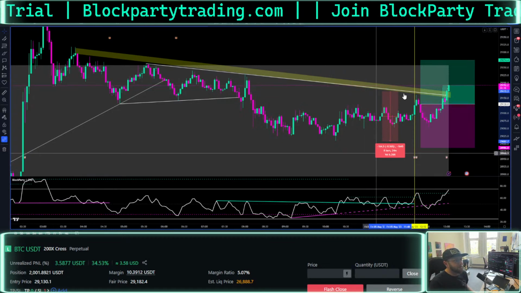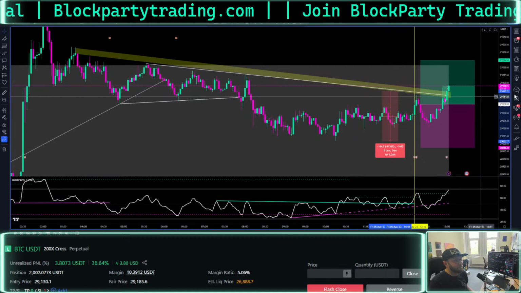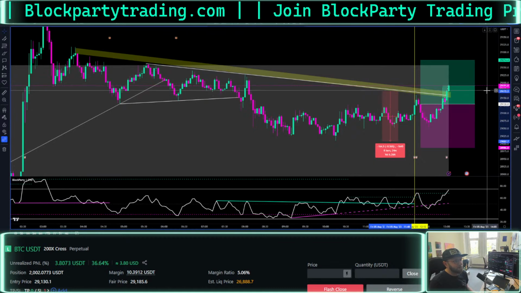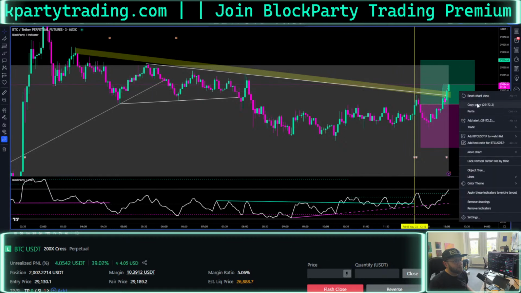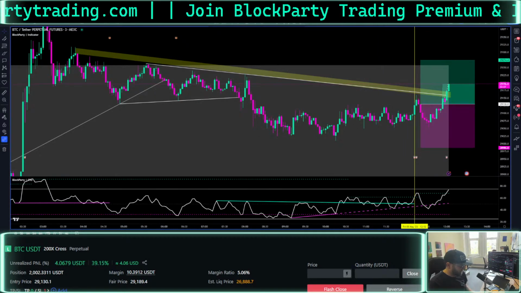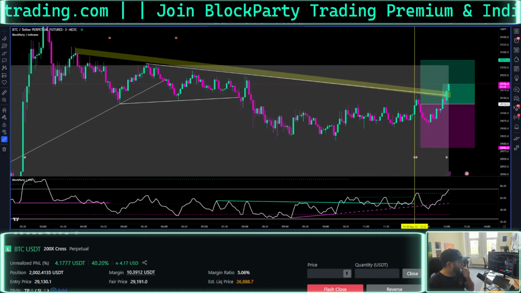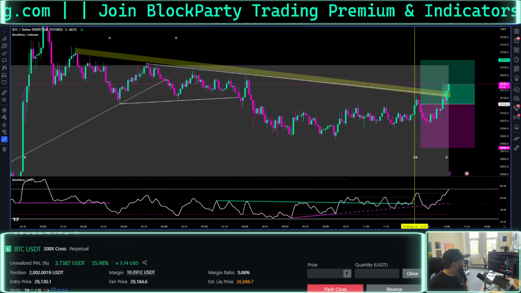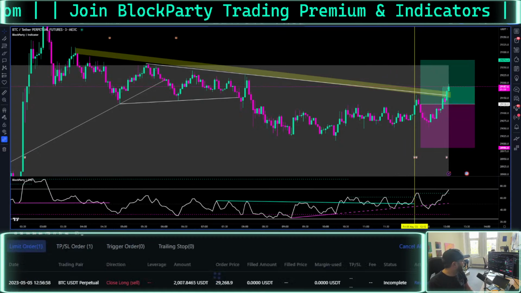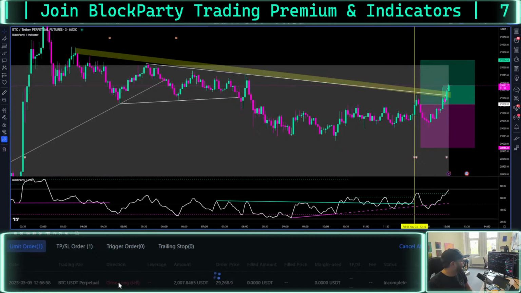I'm not going to chase that trade because it's going up pretty quick. I'm just going to set the limit buy to the price just here. We're not going to chase it. So let's open that long and see if it'll fill. There's the open order just here, as you can see.